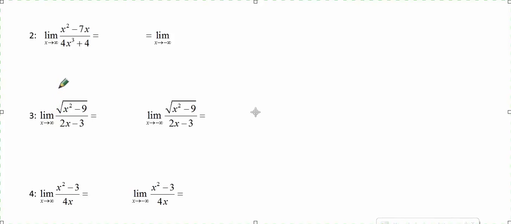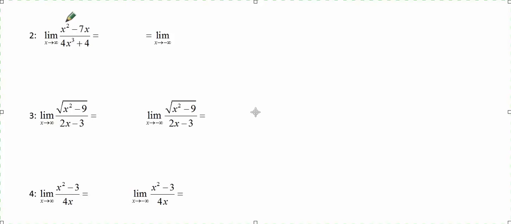So some of the rules are as follows. First off, always watch to make sure that you're going to positive infinity versus negative infinity when you do these problems. Most of the time it doesn't make a difference, but some of the times it actually does. If we're going to infinity, we look at the powers, especially for polynomials.